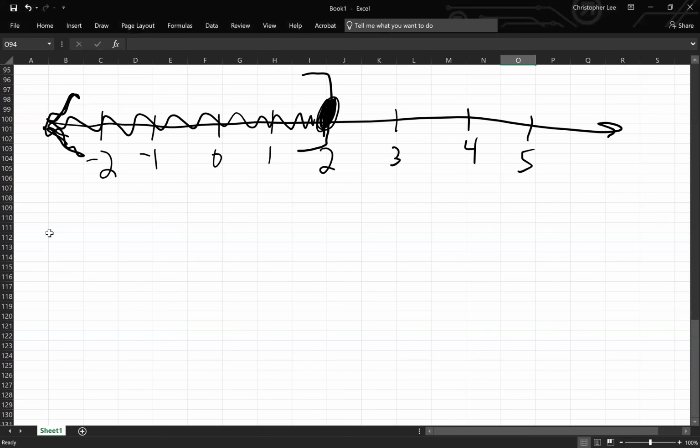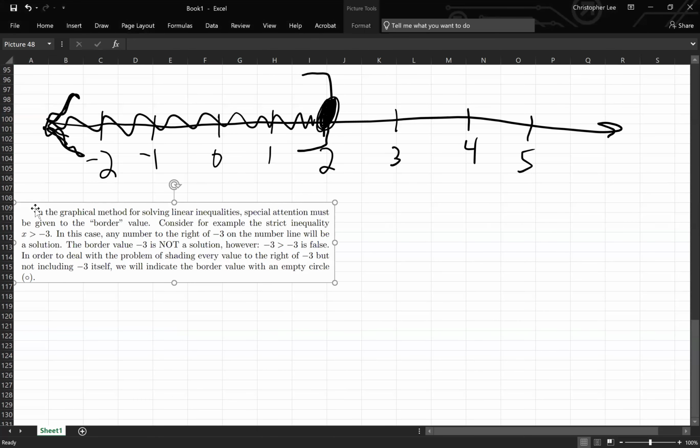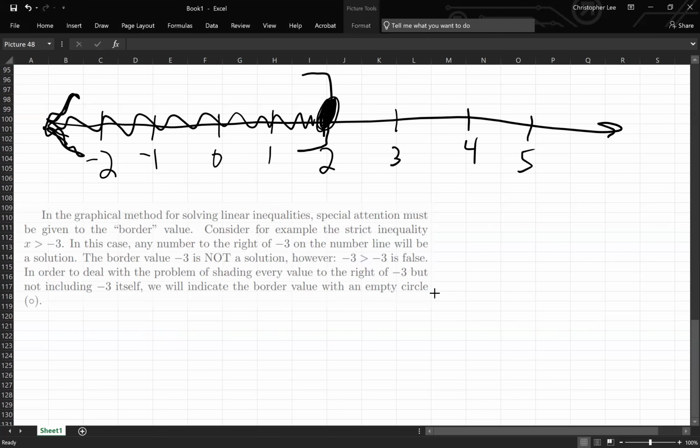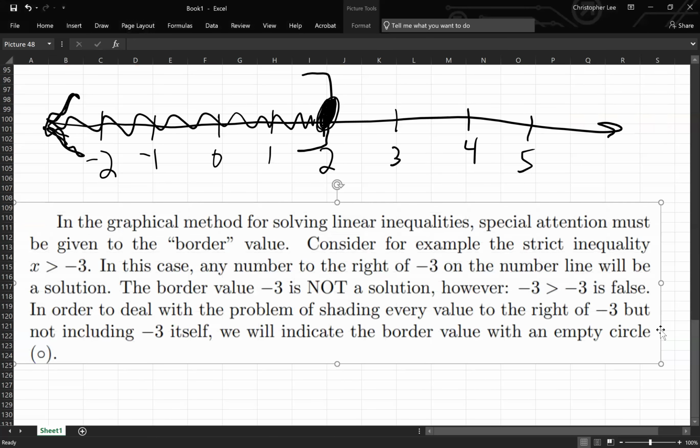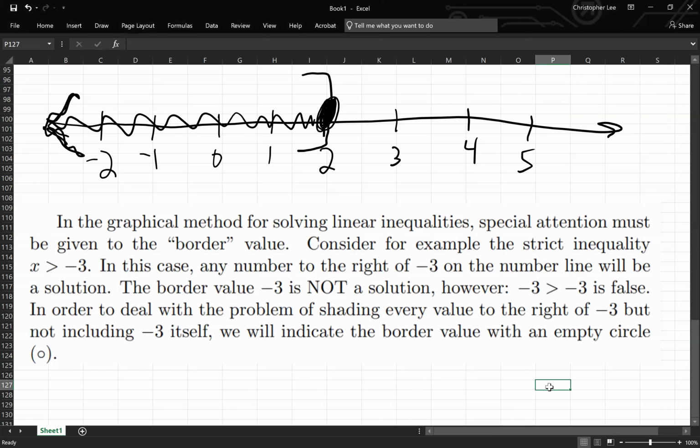Let's talk a little bit more. All right. So in the graphical method for solving linear inequalities, special attention must be given to the border value, right? Consider, for example, the strict inequality x is greater than -3. In this case, any number to the right of -3 on the number line will be a solution.